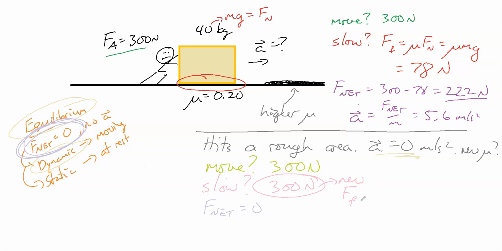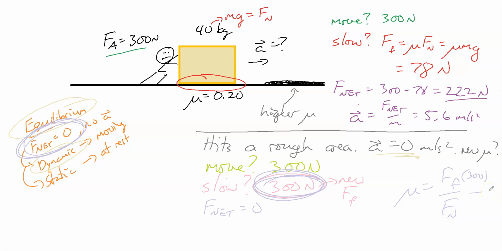Okay, so if I wanted to find the coefficient of friction, I go back to the basic expression for that: the coefficient of friction is Ff over Fn. My friction I now know is 300 newtons, so it's canceling off the 300 that's trying to move it. So this is my 300 up here. And my Fn has never changed.